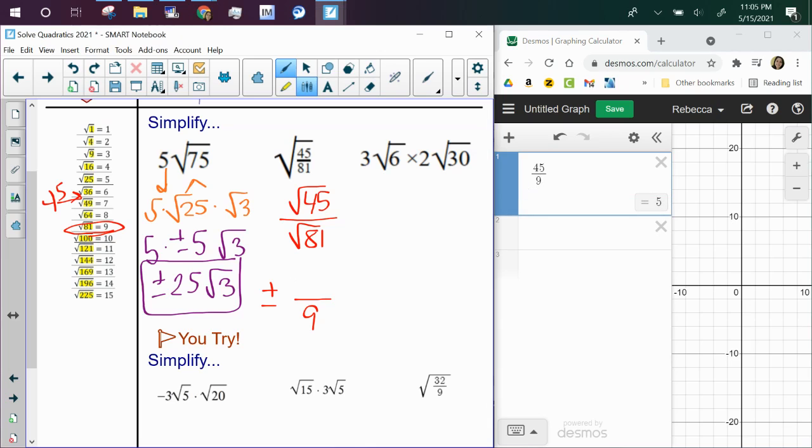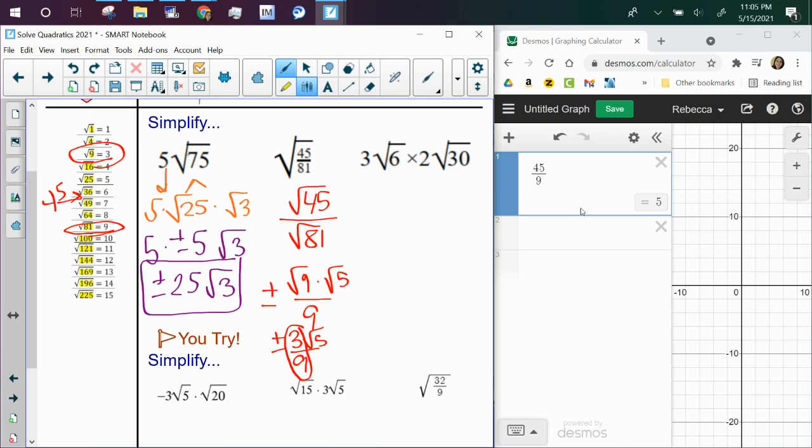So I'm going to do square root of 9 times the square root of 5. Now when I do this, I know square root of 9 is positive or negative 3. So I've got positive or negative 3. And I still have the positive or negative outside, so really I could just write it once and keep my square root of 5.